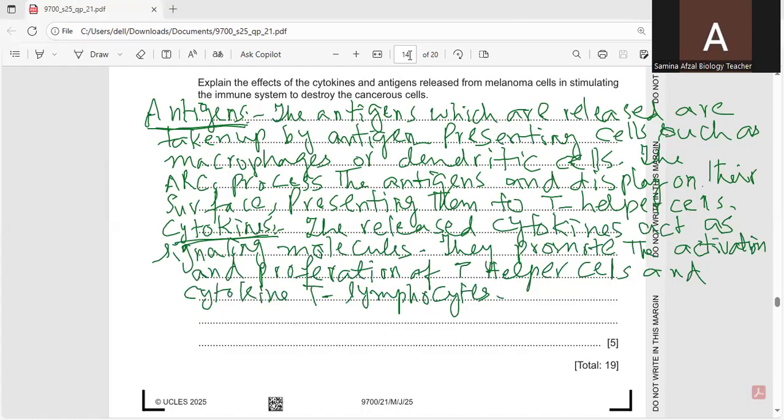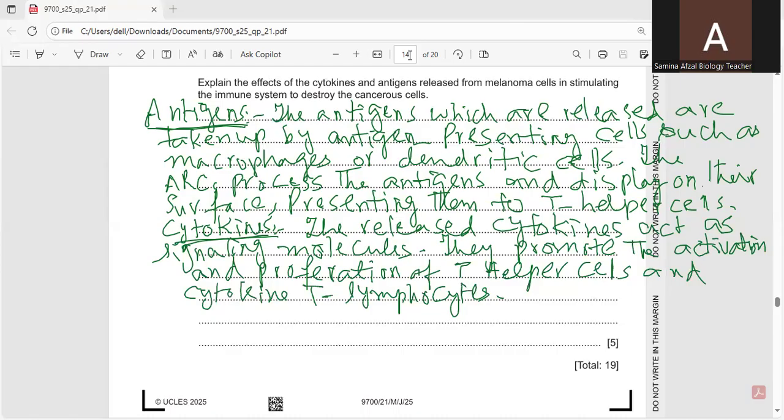And then after this, the T helper cells release their own potent cytokines, which stimulate the differentiation of cells into killer cells capable of targeting the tumor.